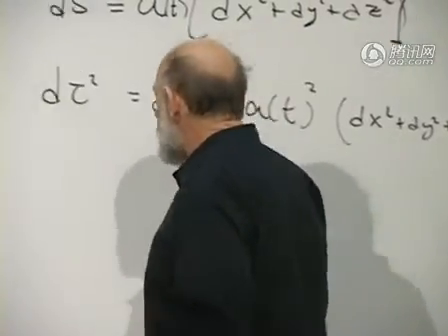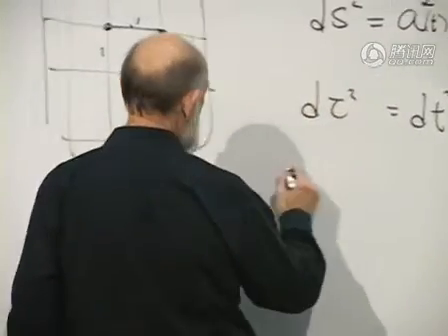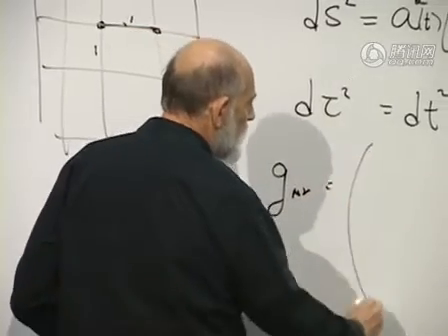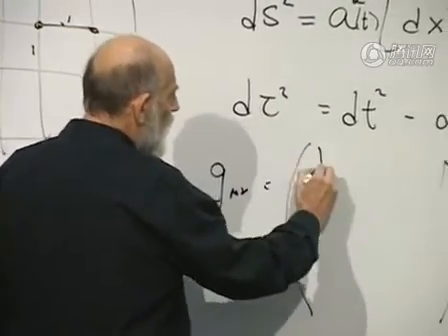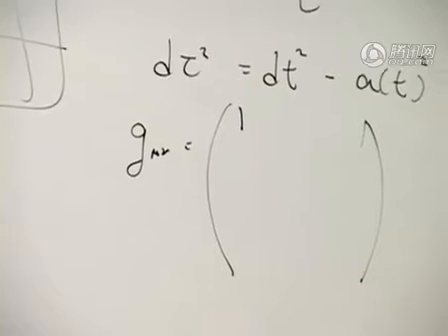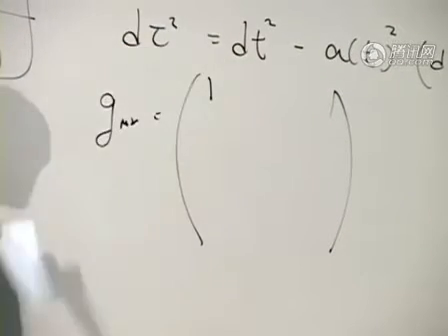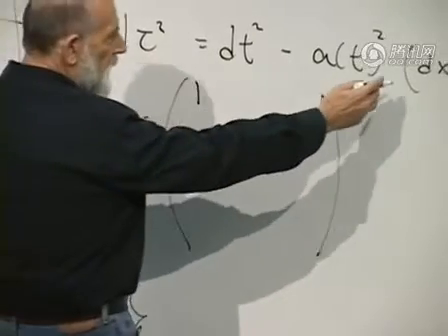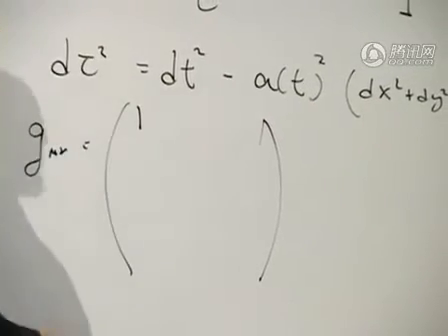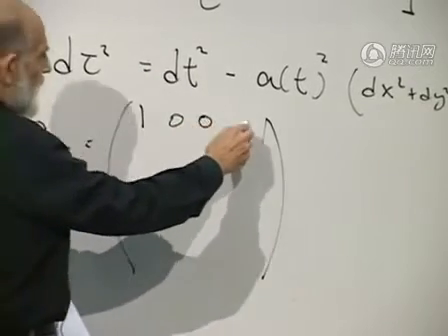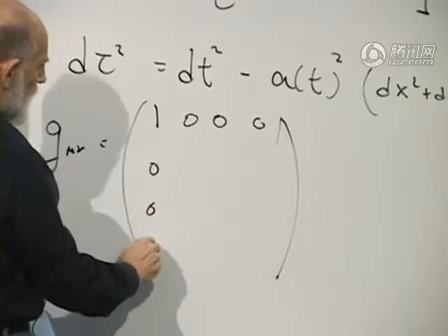And we could represent this by saying the metric tensor g mu nu has the form 1 in the time place: g naught naught, or g time, is 1. That's the coefficient of dt squared. No off-diagonal elements. There are no terms like dx dy or dx dt. All the other off-diagonal terms are 0.